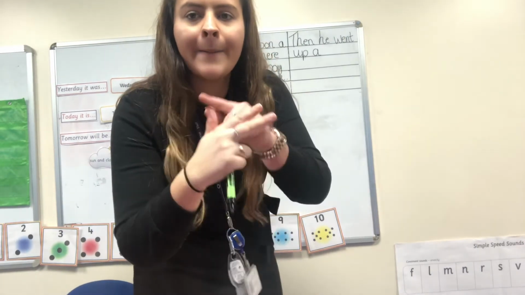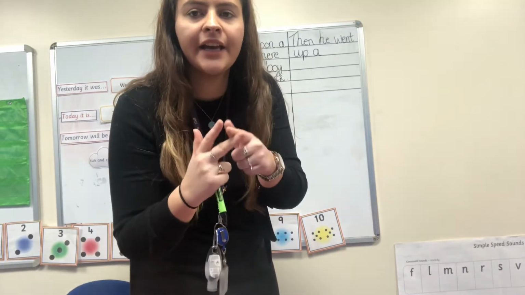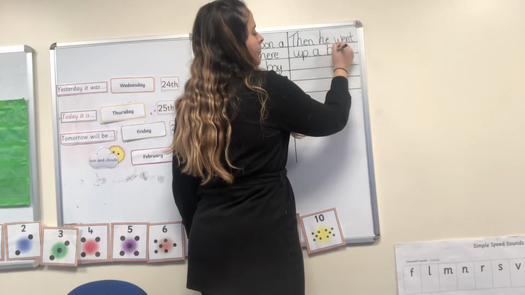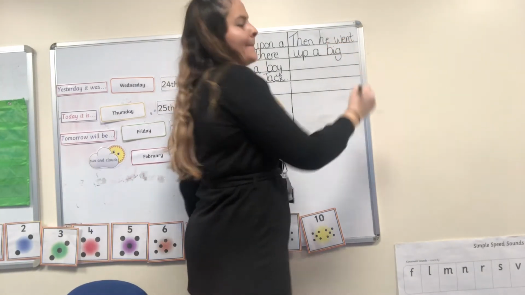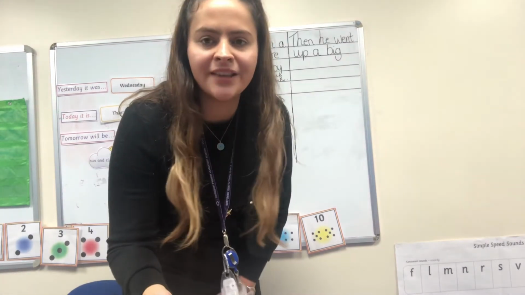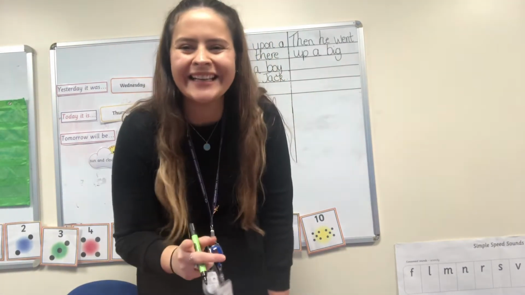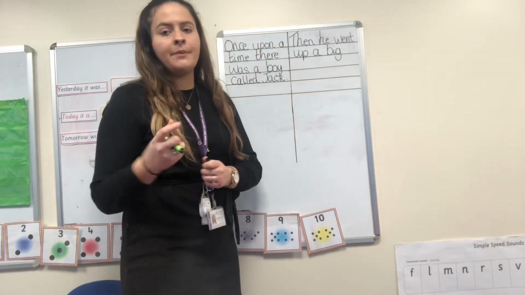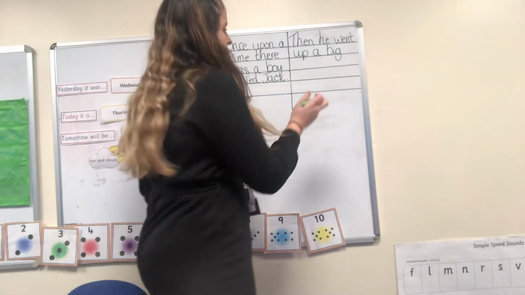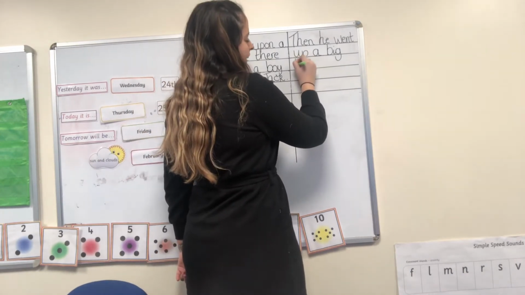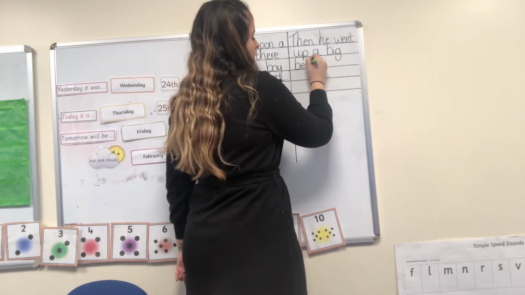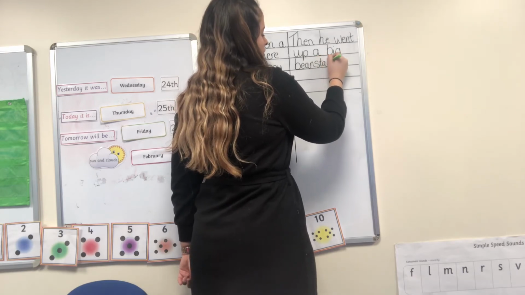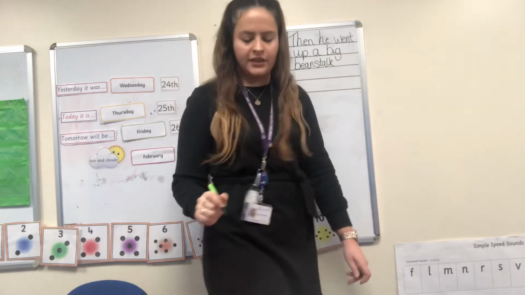Big, big, big, beanstalk. Now we did this word the other day. Remember to use your E sound for beanstalk. I'm going to give you the right spelling, but it's just important to use your phonics to help you sound it out. So, beanstalk, because it's a very funny spelling.